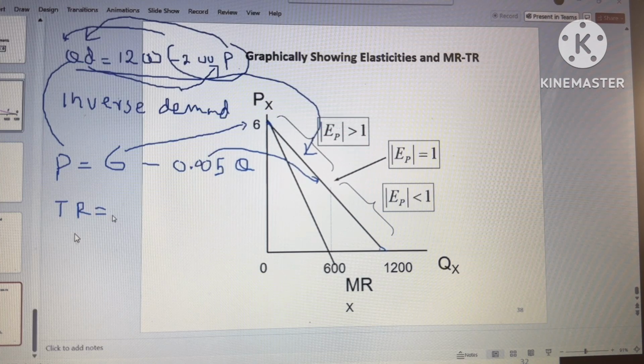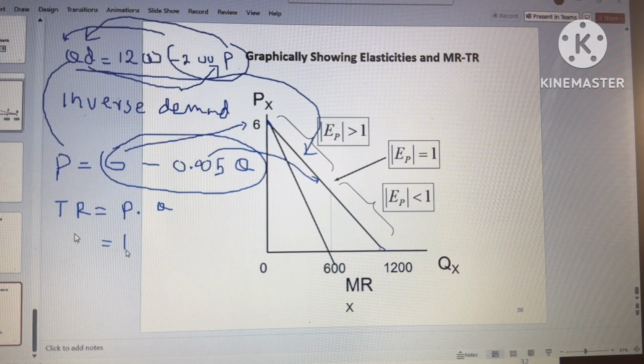The total revenue function we can get like this: P multiplied by Q, right? Now, in our equation, the P you already found. This is the price, right? P is 6 minus 0.005Q. This is P.